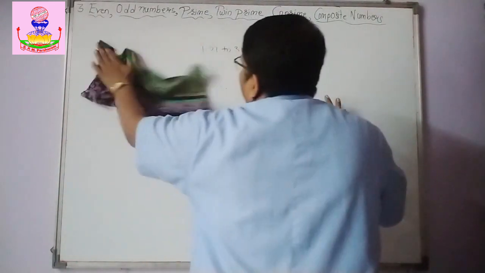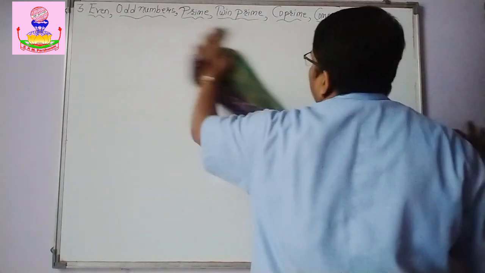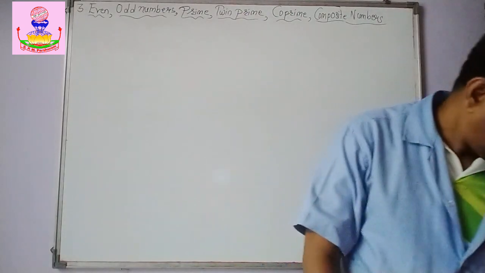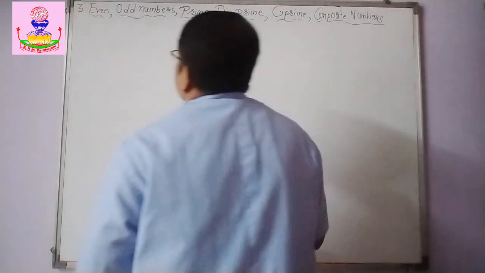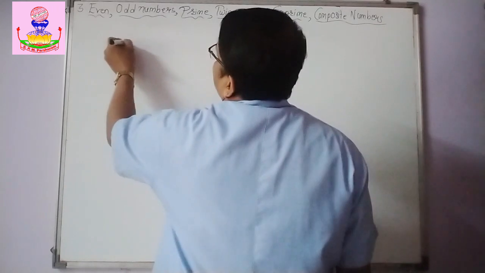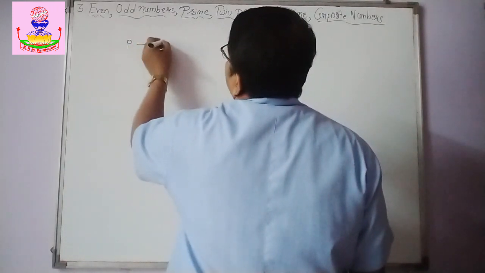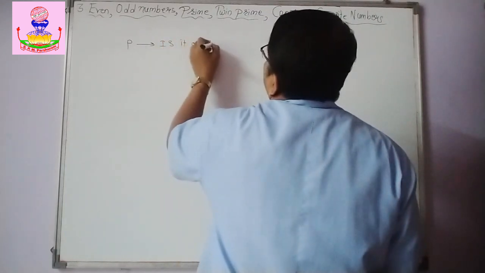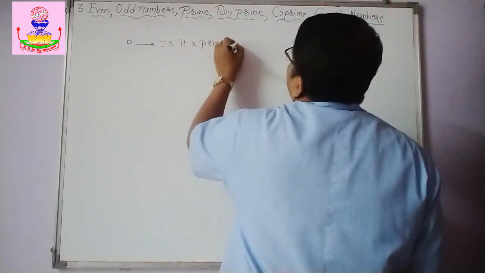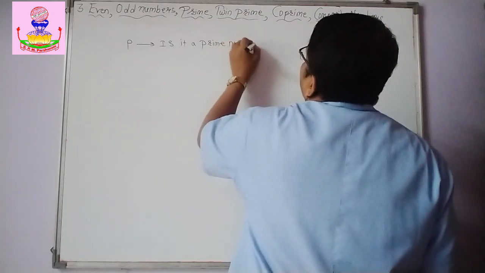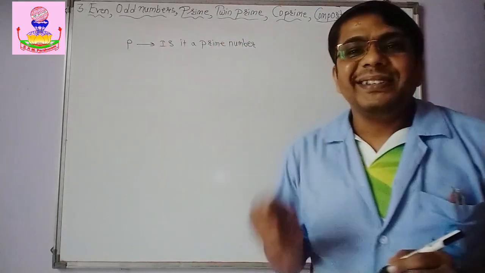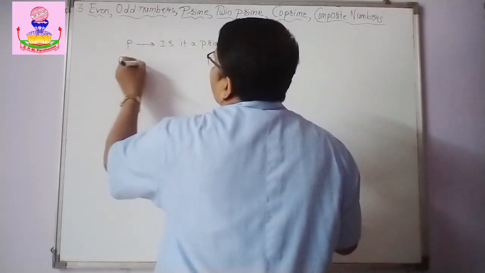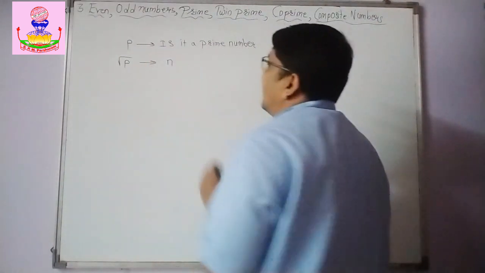For example, suppose I have to decide whether P is a prime number or not. We have to decide, is P a prime number or not? So what can we do? Find the square root of that P. Now square root of P, suppose I get it as n.